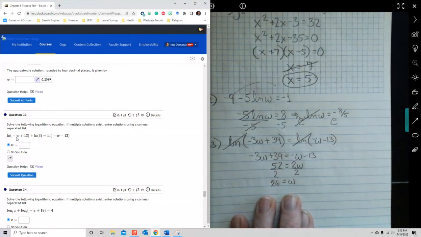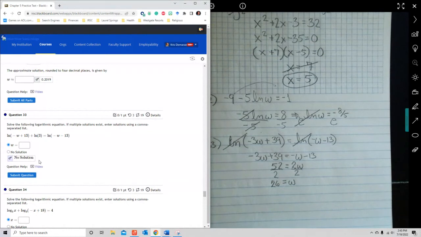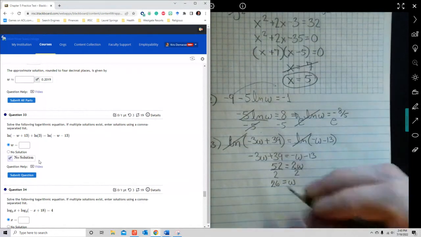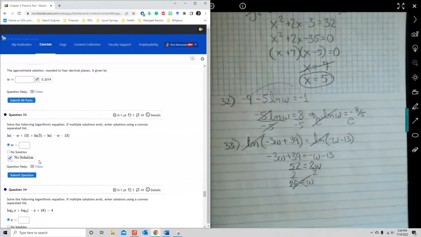We add 3w to both sides, and then we add 13 to both sides, and that means that there's no solution. So this doesn't work. Be careful about that. Remember, it has to work for the equation because it cannot be infringing upon the domain restriction. If it does, we throw it out.